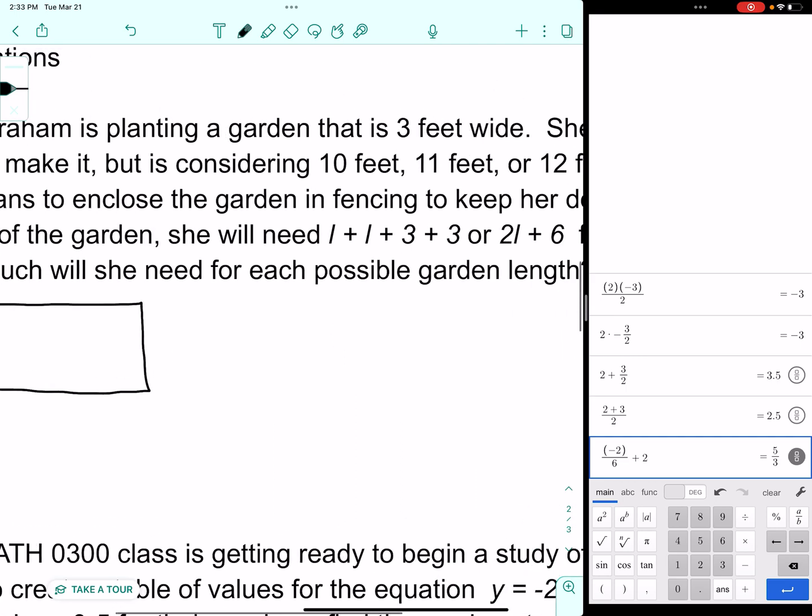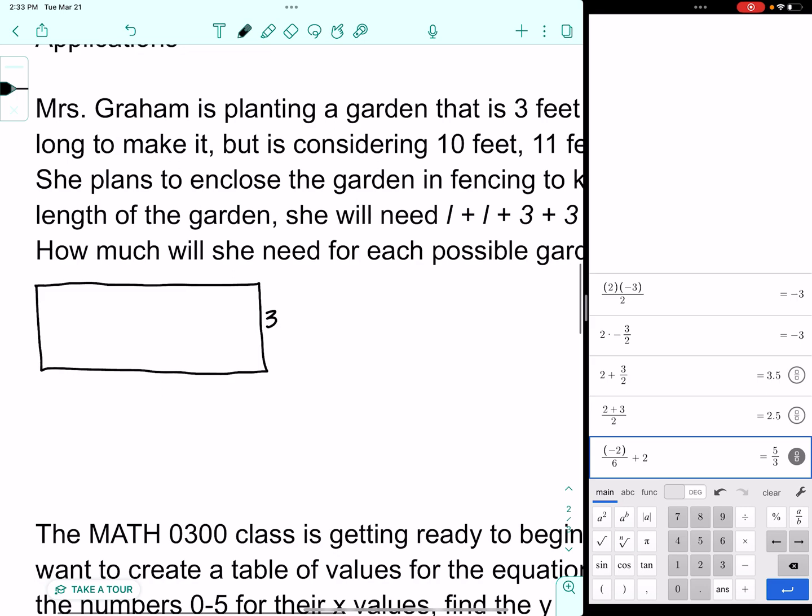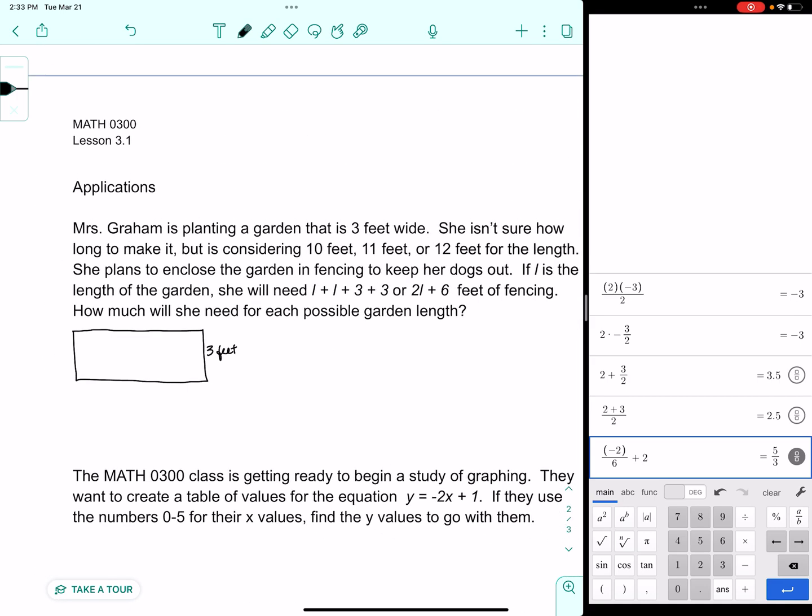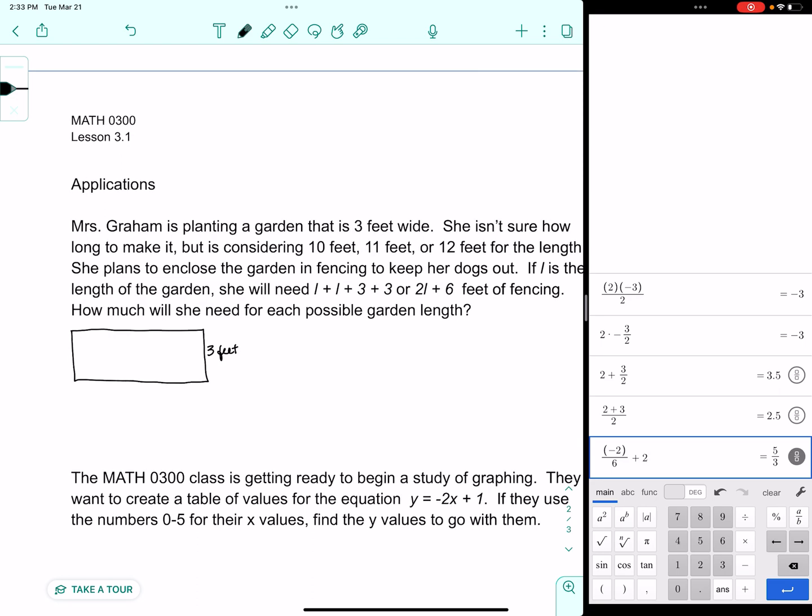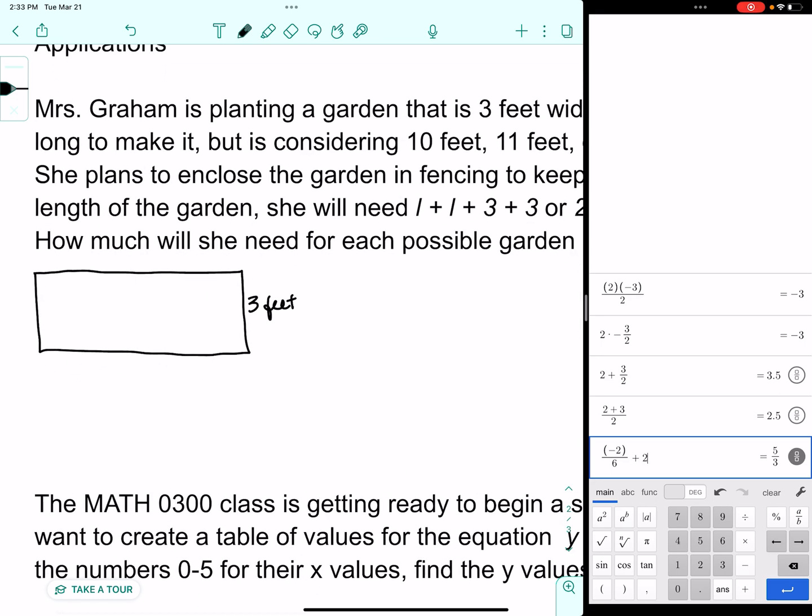I know it's 3 feet wide. I know that the length could be 10 feet or 11 feet or 12 feet long.